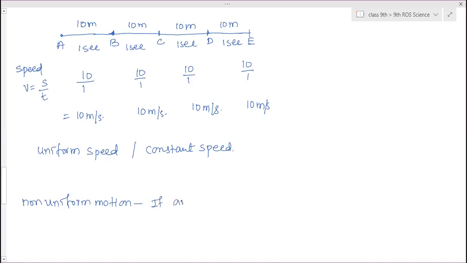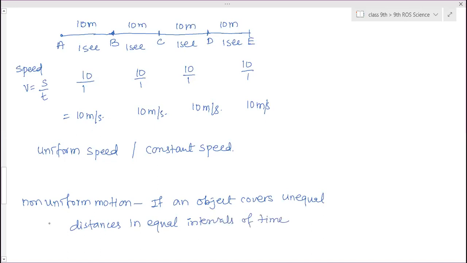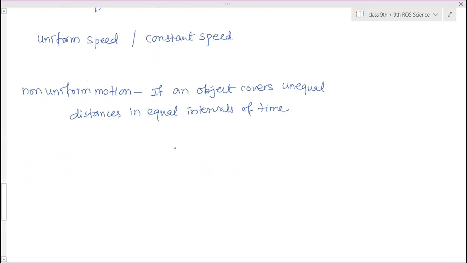So non-uniform motion: if an object covers unequal distances in equal intervals of time. The time interval is the same, but the distance covered is not uniform.